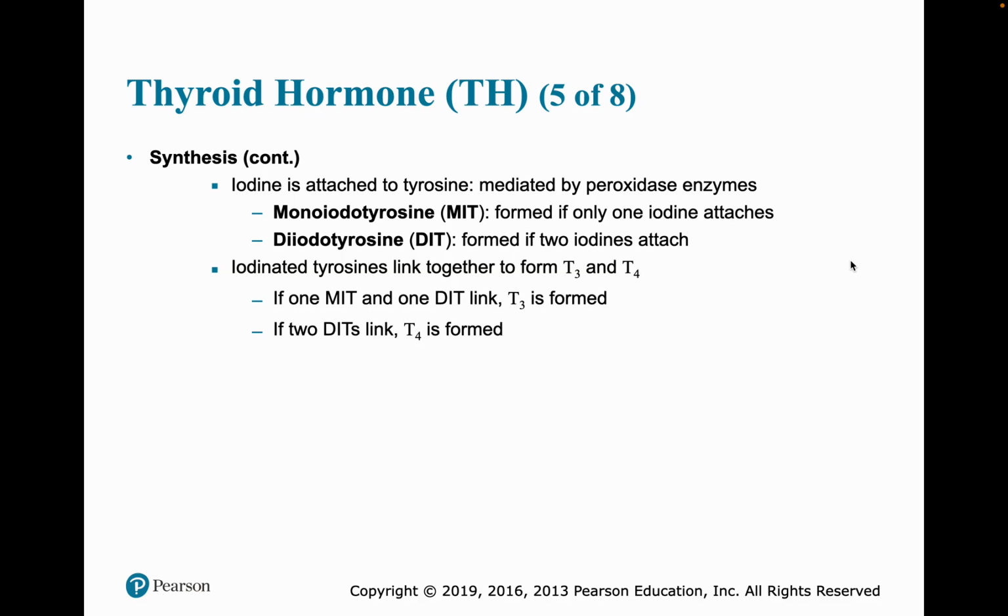If 2 are attached, it's diiodotyrosine, or DIT. And then those iodinated tyrosines are going to link together to form either T3 or T4. So if one MIT and one DIT are linked together, you get T3. If 2 DITs are linked together, you get T4.